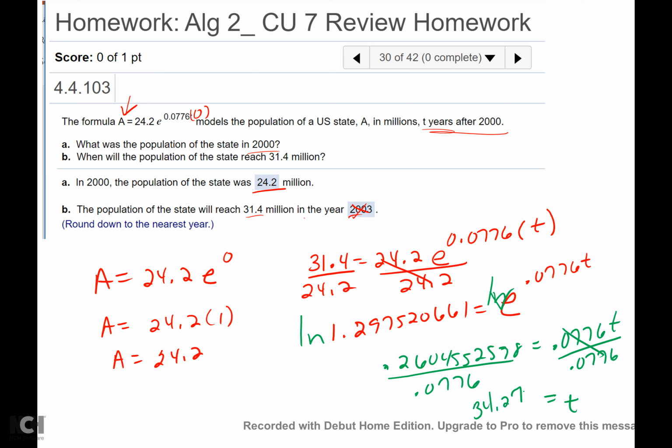31.4 divided by 24.2. Yeah. Hold on, I'm checking my work, seeing where I screwed up here. Okay, that's 1.297, yeah. So if I natural log that answer, I get that.